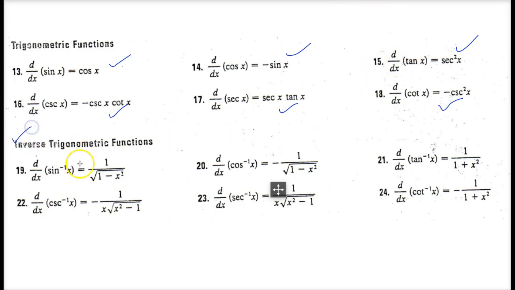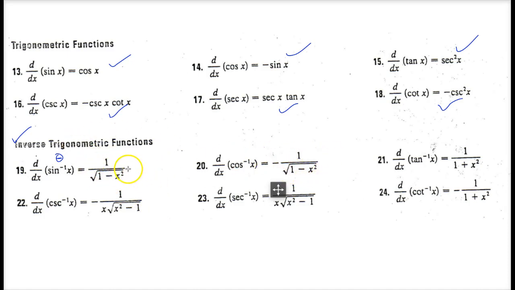Our focus is the inverse trig functions, which end up like this. And so we'll see later on here that we can actually derive these by thinking of sine inverse of x as an angle, because it is an angle, because that's what the inverse of a trigonometric function is. And so we'll look at it that way and see how we derive some of these.